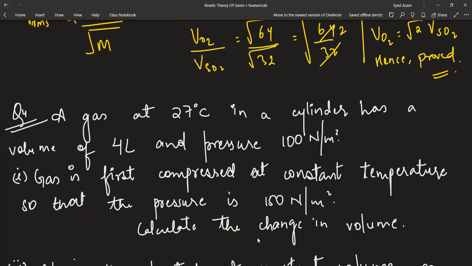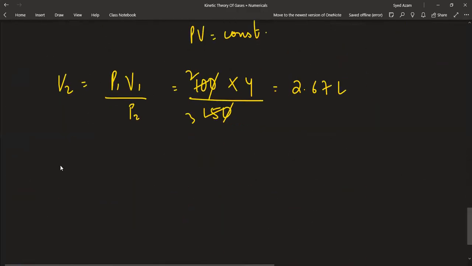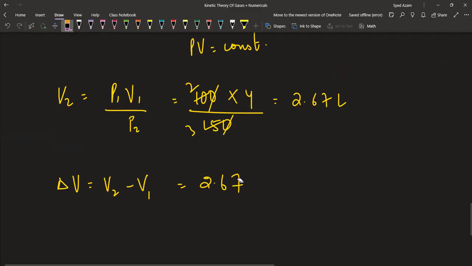Okay, so one more thing, it is just saying calculate the change in the volume. Here in this question, it is saying change in volume. So for change, we'll calculate V2 minus V1. If this is 2.6 liters, check what is the precise value of 8 by 3. The previous one was greater.